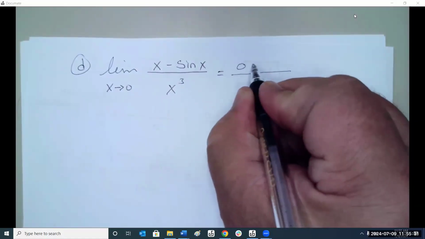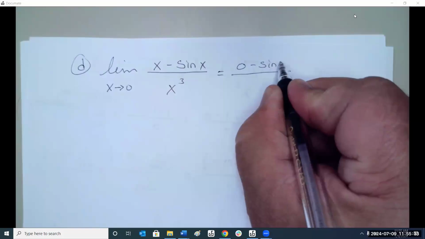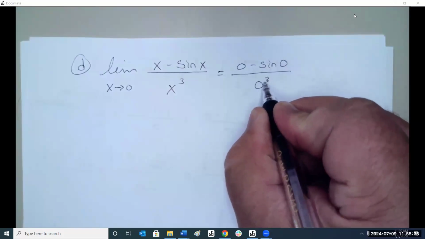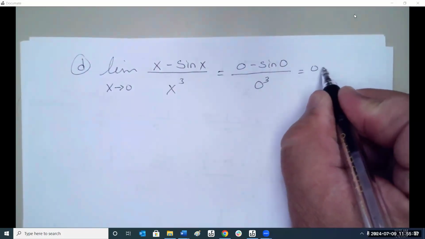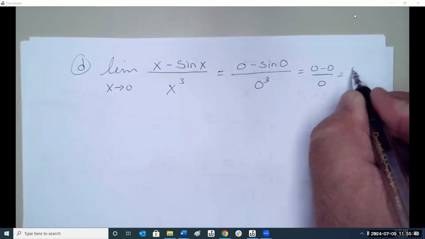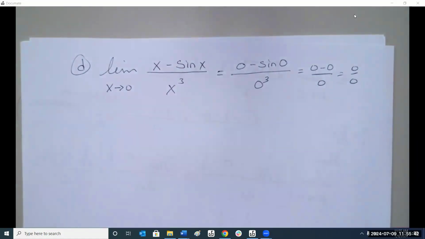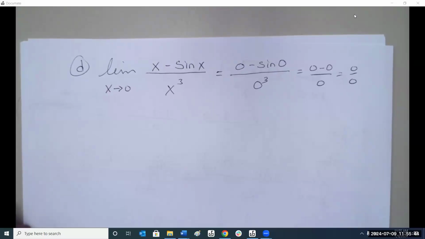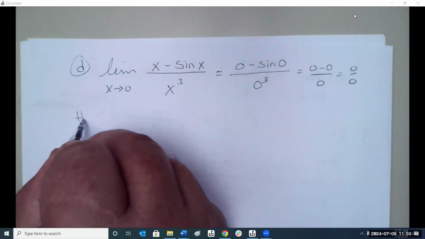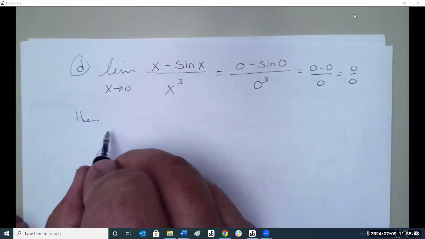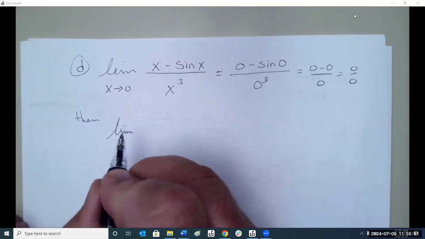So the first thing is plug in your 0. 0 minus 0 over 0. It's indeterminate. Then we take the derivative of top and bottom.